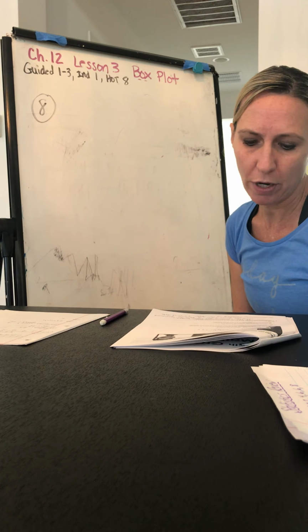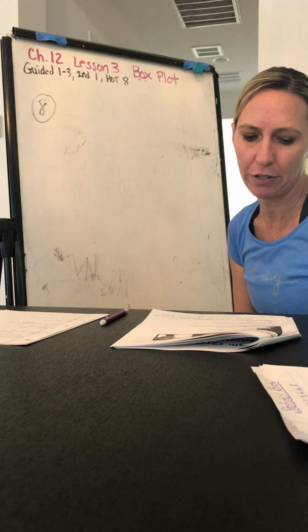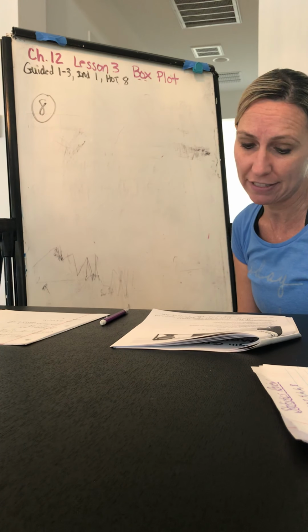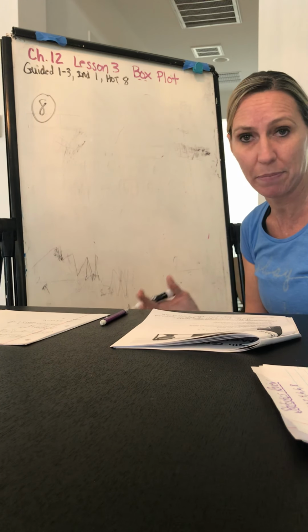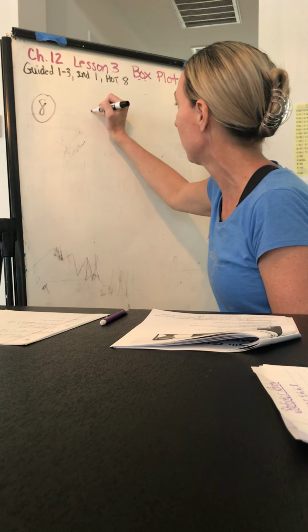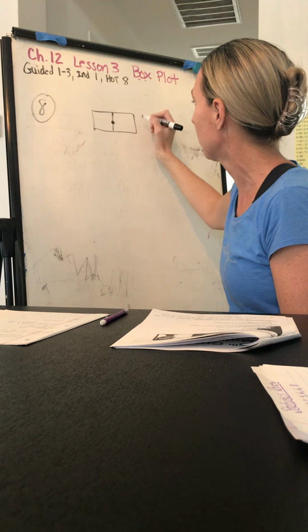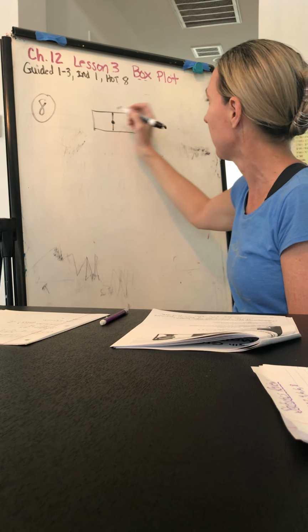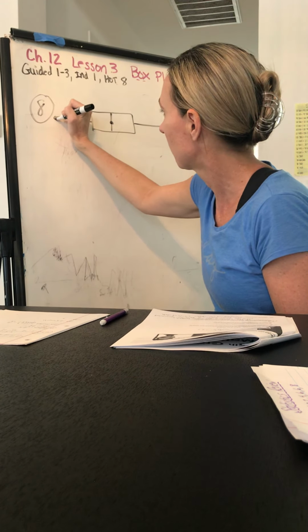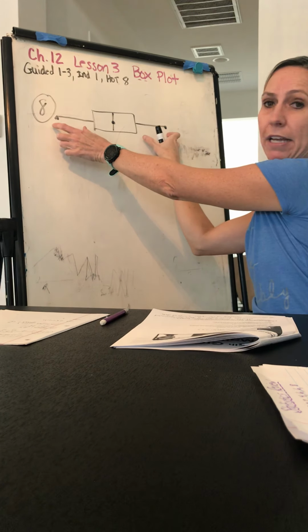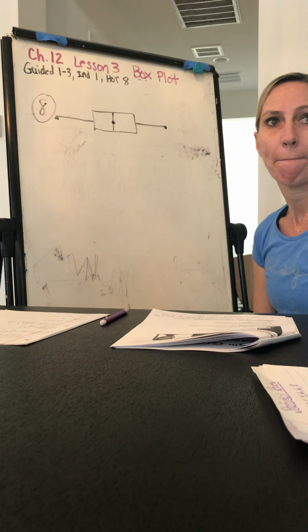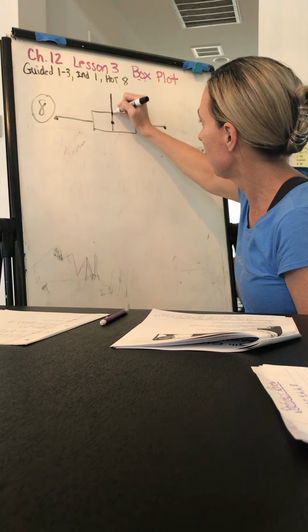Okay, so number 8 says, what can you conclude from a box plot where the length of the left box and whiskers is the same as the length of the right box and whisker? So what do you think about that, Bentley? Here's a box. Let's say your whiskers are the same length. What does that mean? Here's the median.